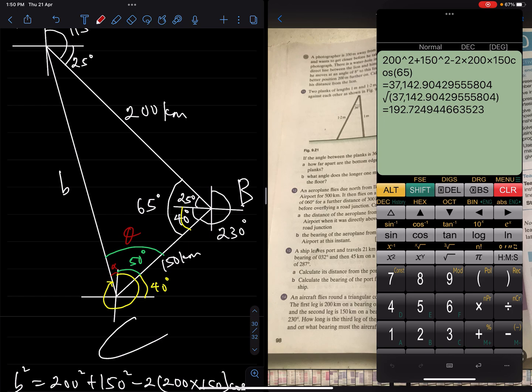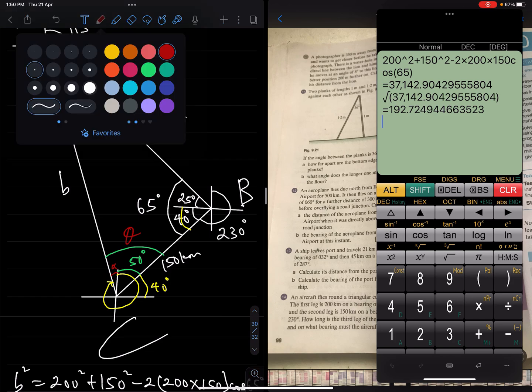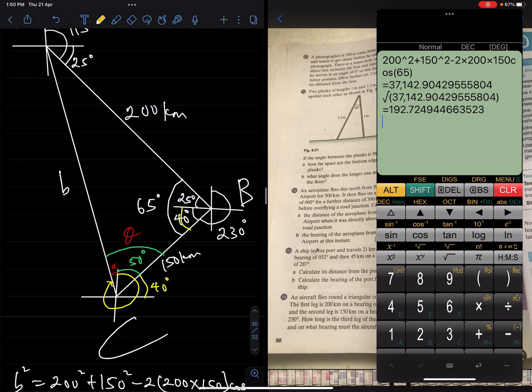And I know that 360 minus alpha will give me the bearing on which the aircraft must fly to go on the third leg.